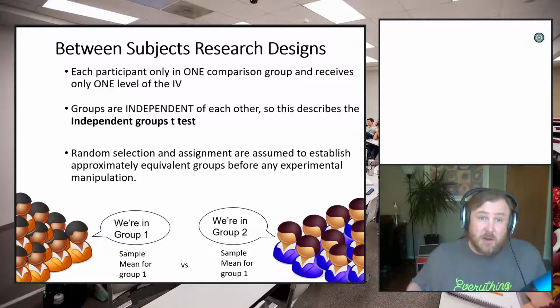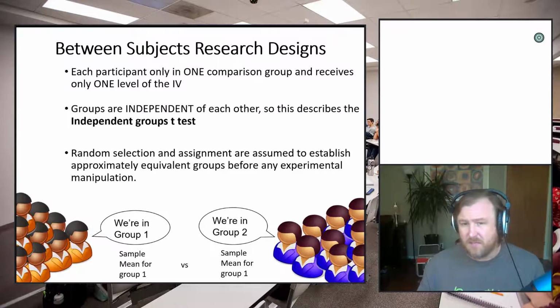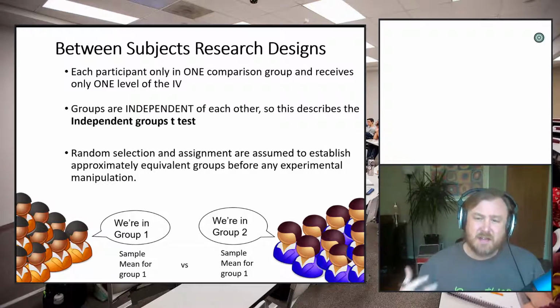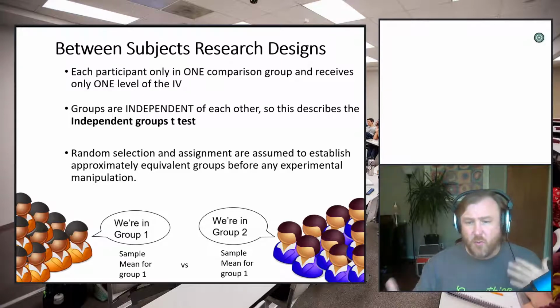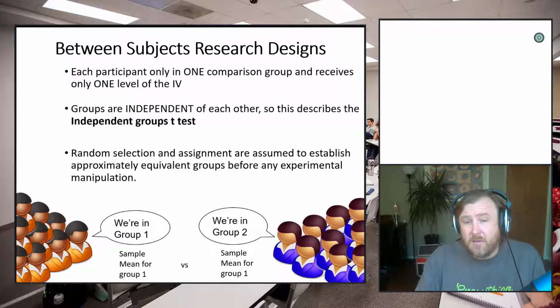And the reason we call it this is because we're looking at the variability between two groups of different subjects, right? Two independent groups. And in this way, we establish baseline group equivalence on the basis of random selection and assignment. So essentially, when we randomly select and assign participants to one group or the other, it's assumed that those groups, as our sample size increases, are going to approximate a normal distribution.